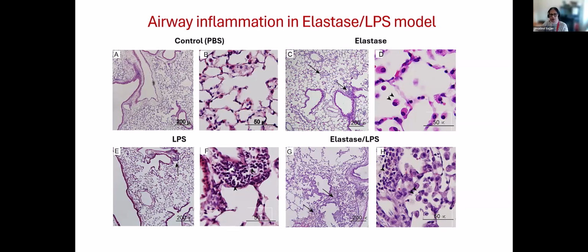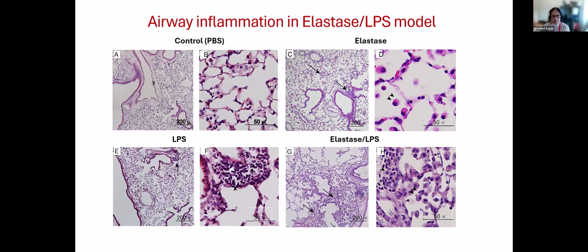And the next panel, which says Elastase C and D, shows mild alveolar inflammation, and also shows accumulation of macrophages in the alveolar region. On the other hand, LPS treated mice show peribronchial inflammation. Mostly the inflammatory infiltrated cells were neutrophils.